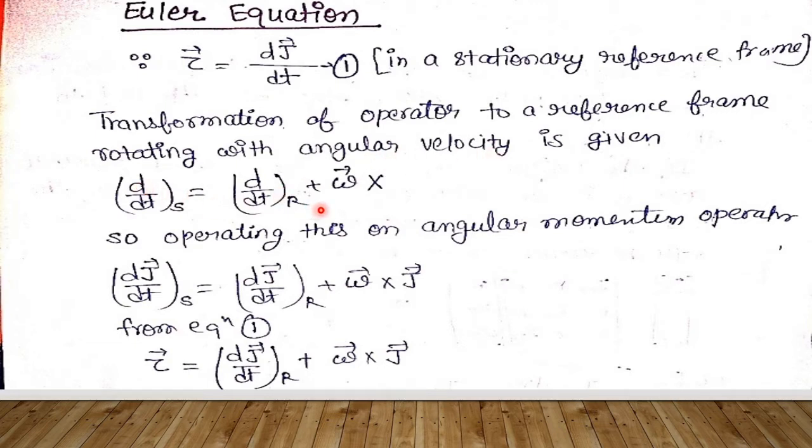So operating this operator on angular momentum J, we can write dJ upon dt in s equals dJ upon dt in r plus omega cross J. As dJ upon dt in the stationary frame is the torque, we write tau. So this equation becomes tau equals dJ upon dt in r plus omega cross J.